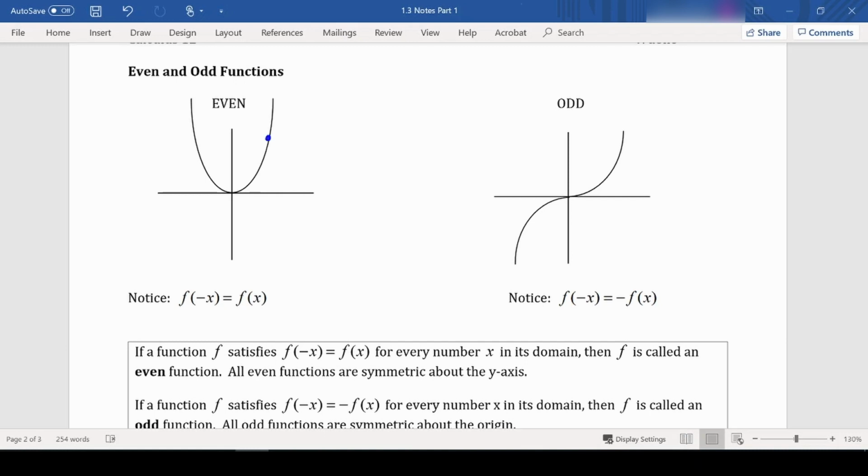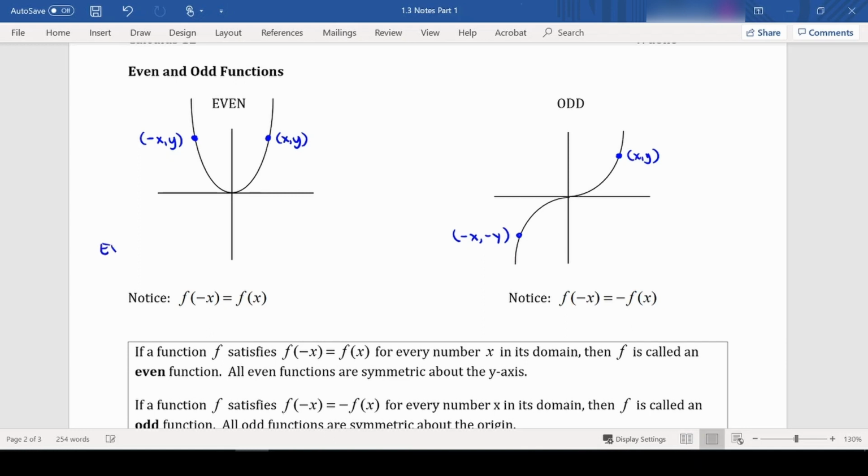So for an even function, some point (x, y) will have a corresponding point (-x, y). For an odd function, a corresponding point to (x, y) should be (-x, -y). So f of negative x is equal to negative f of x.